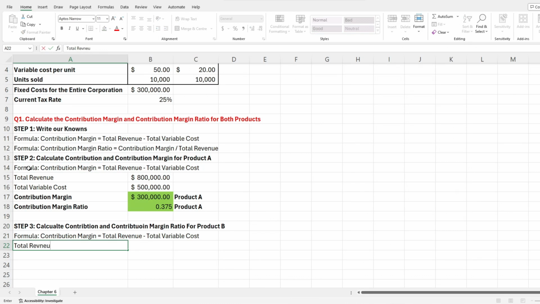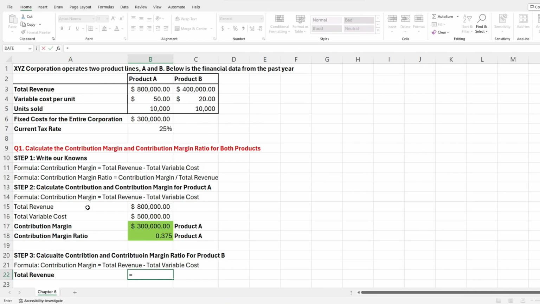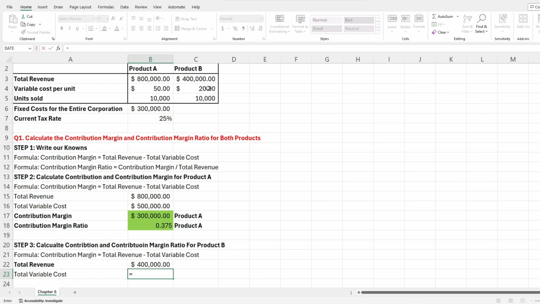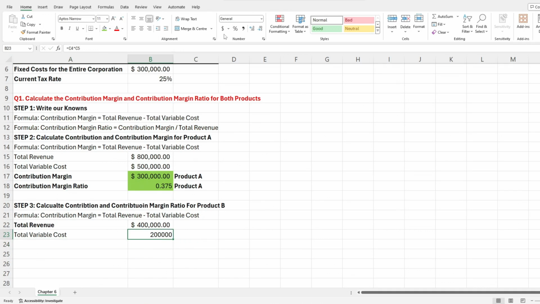So total revenue. I'll just fix any typos. So total revenue for product B is 400,000. Total variable cost. Since they're only giving it to us per unit, I do $20 times the amount of units, so 10,000. That's our total variable cost.